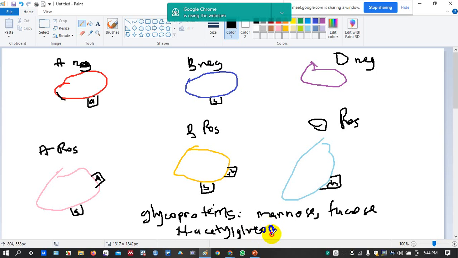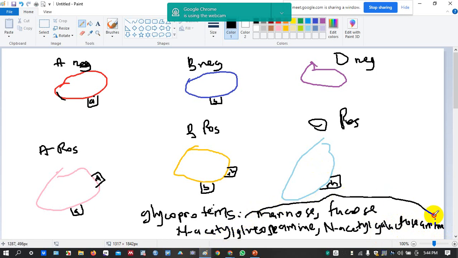Another one is called N-acetyl galactosamine. Okay, so these are the four. There are more than that, about 5, but I'll put 4 here.